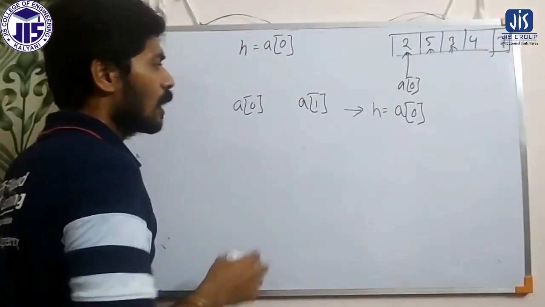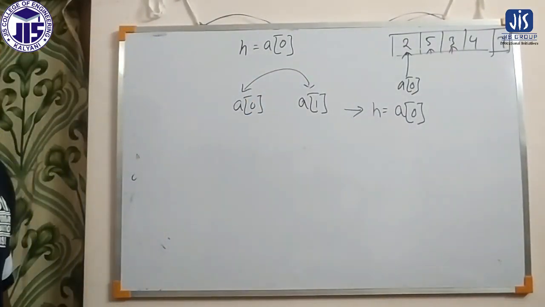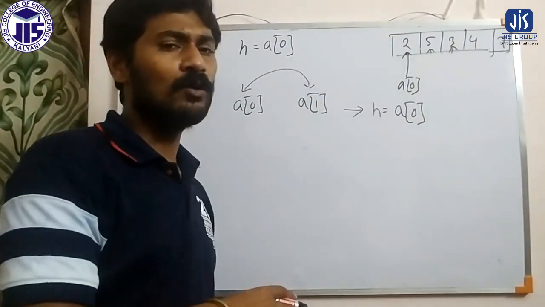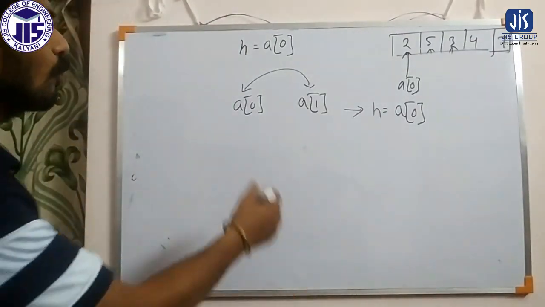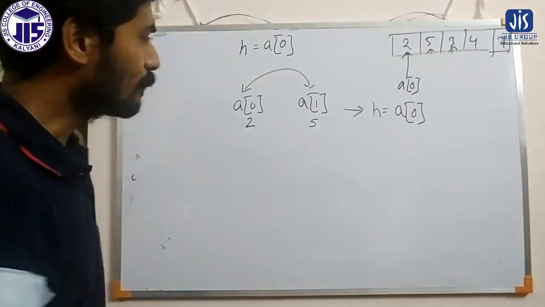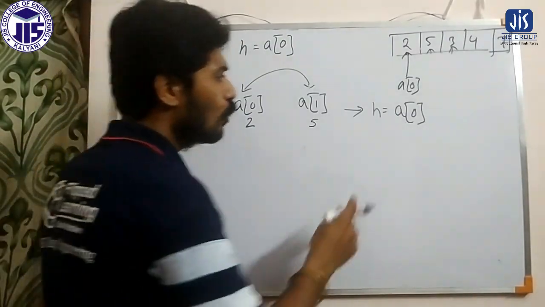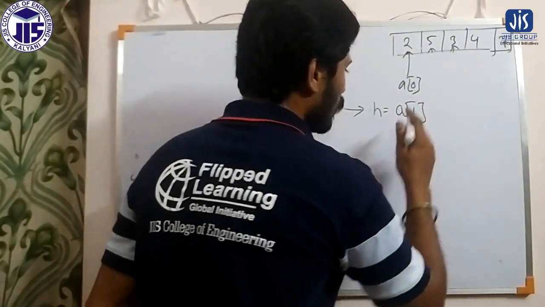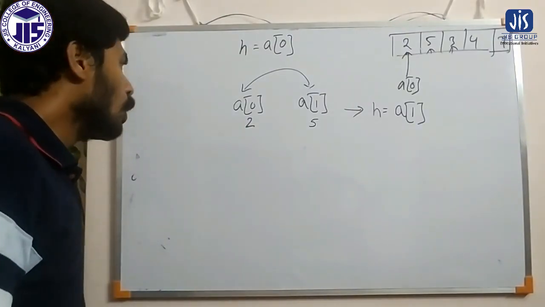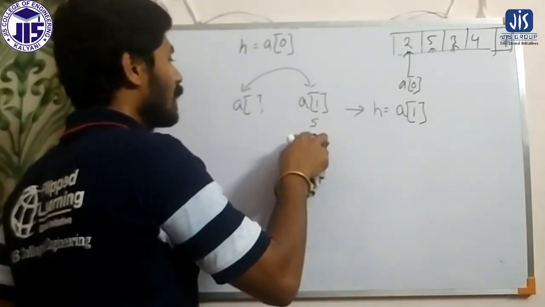After this comparison of A0 and A1, whichever is the maximum will get stored into the max variable, and the previous value will get replaced. What is the value of A0? 2. And A1? 5. So after this comparison, easily we can say A1 is maximum, so the value of max will be A1 now. After this, we will compare A1 and A2.